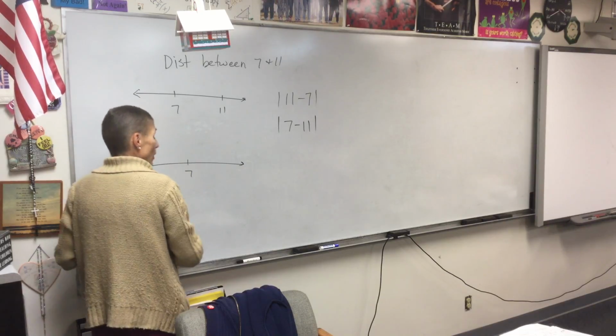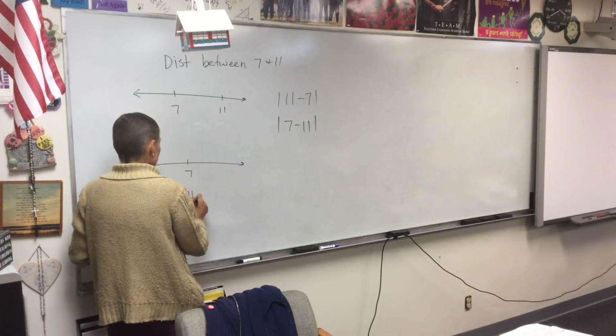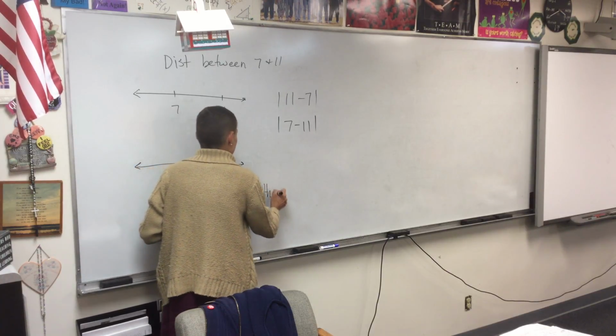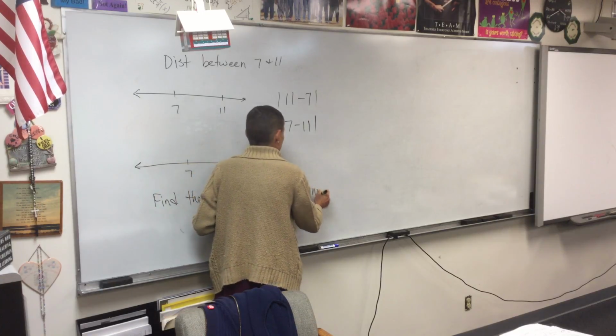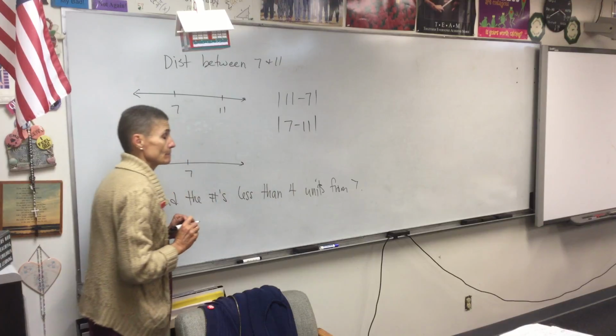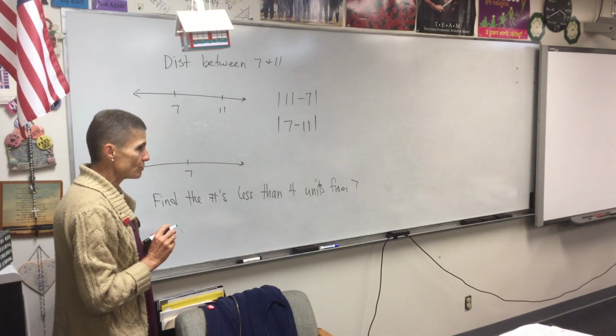So when the next question says, find the numbers less than 4 units from 7, how will we do that?